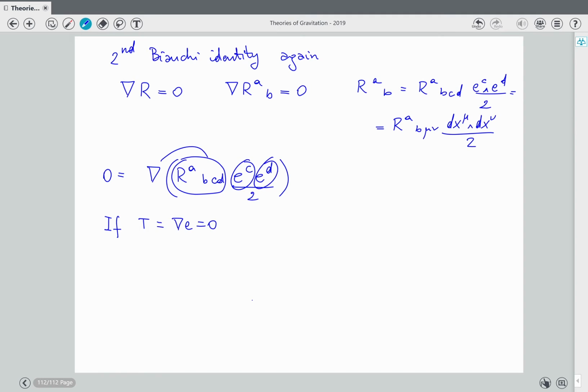But if the torsion is 0, you do not need to act with the covariant derivative there. So you can just write 0 equal del R^AB_CD e^C e^D divided by 2.